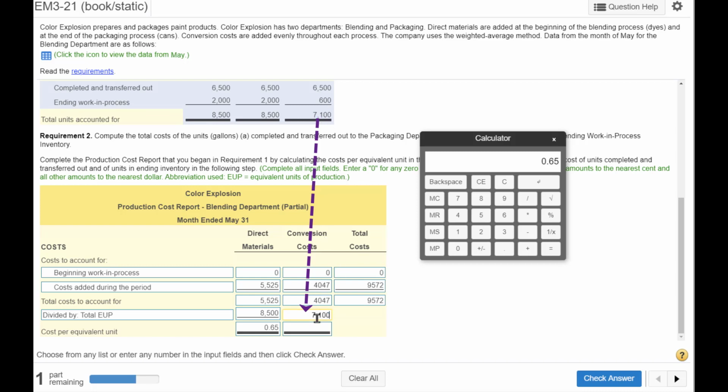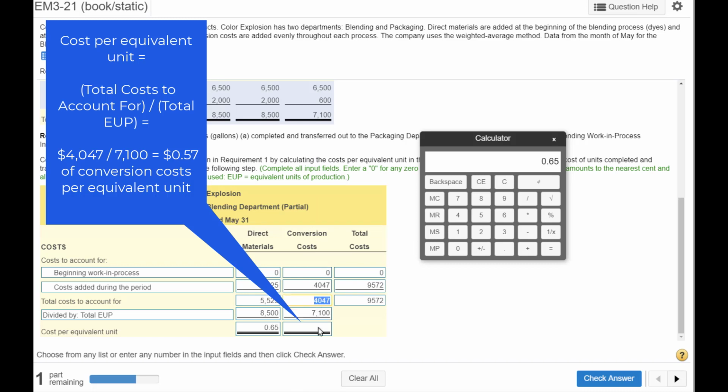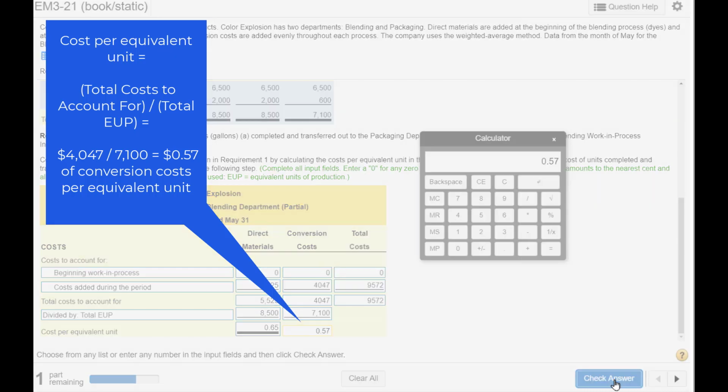So for conversion costs, I'm going to take the 4,047 cost to account for, divide by those 7,100 units. So 4047 divided by 7,100 gives us 57 cents per equivalent unit.